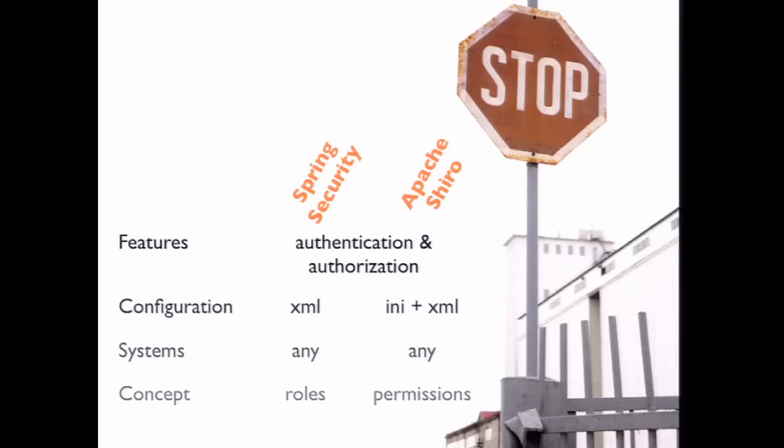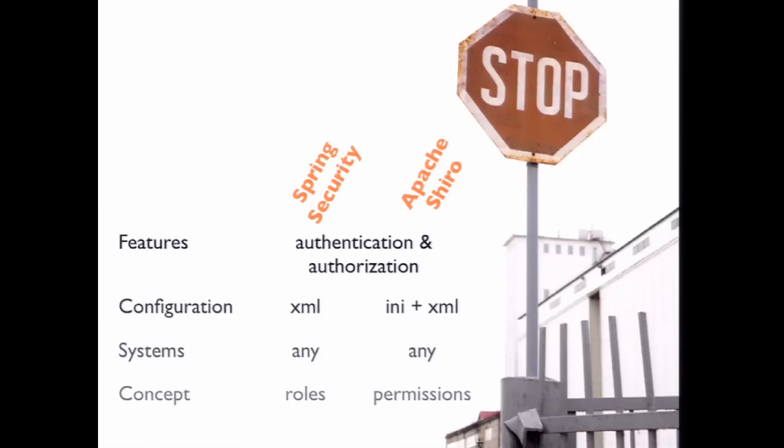Systems, meaning which backend systems you can attach, LDAP, Active Directory, databases, whatever you like, well, both provide a lot of support for that. And the concepts, well, they differ a little bit. One is role-based, one is more or less permission-based. So it's more or less the same.